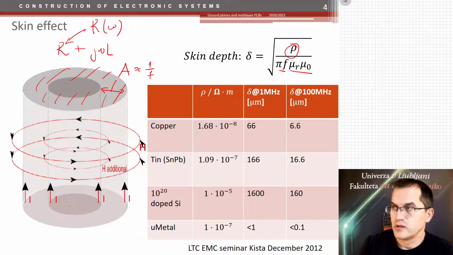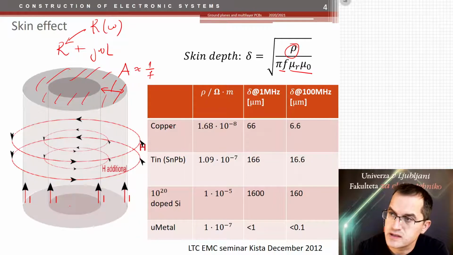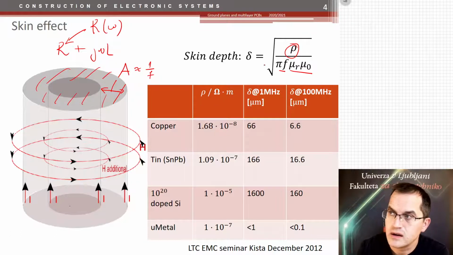So in order to understand the skin depth, you have to know the permeability of the material and the specific resistance. And high conductivity materials such as copper have lower skin depths, and high permeability materials as well.